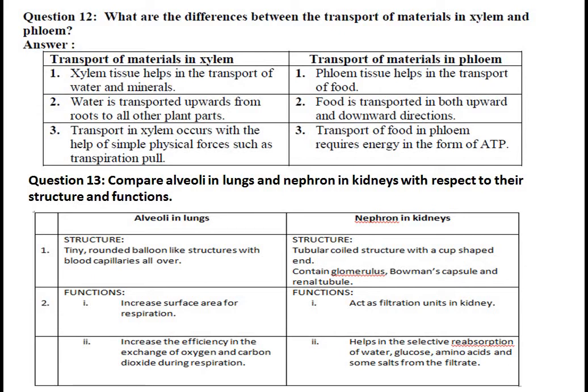Here in the functions you have to write: alveoli in lungs are the site of gaseous exchange. Alveoli are the site of gaseous exchange. Here you have to write first, the site of gaseous exchange. They increase the efficiency in the exchange of oxygen and carbon dioxide during respiration.